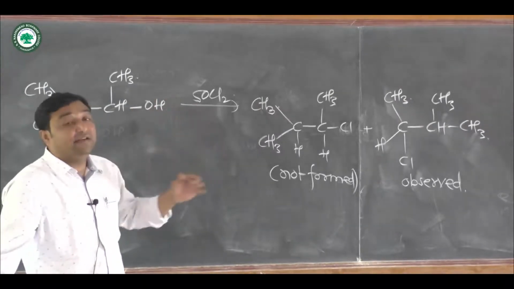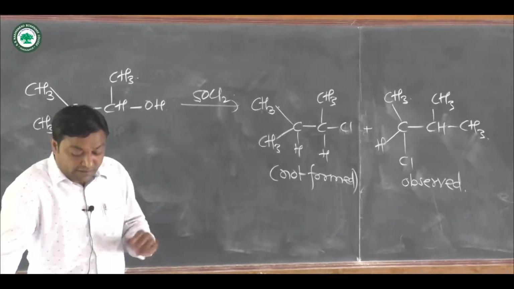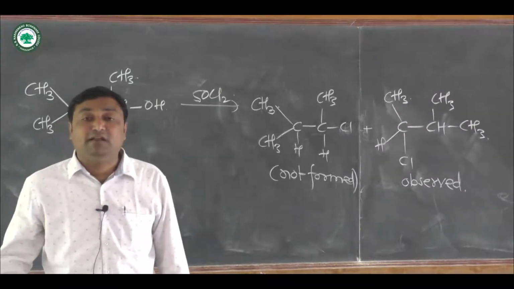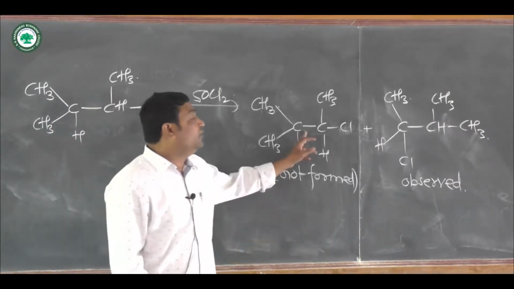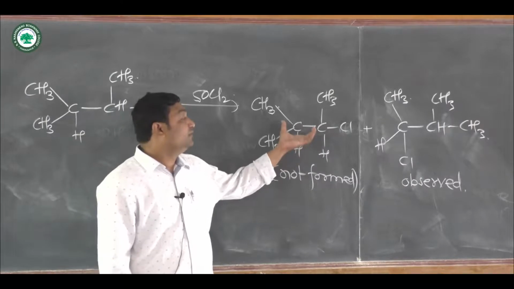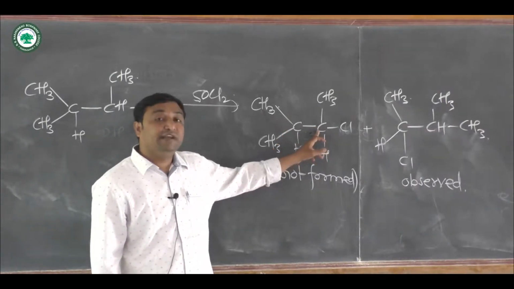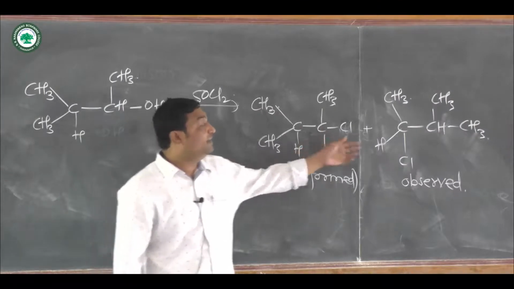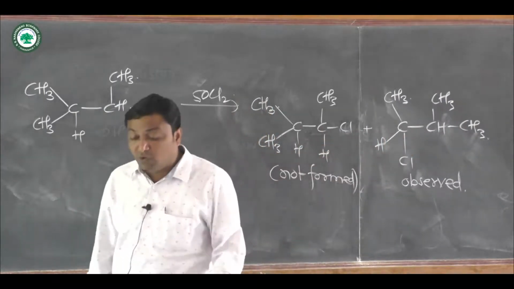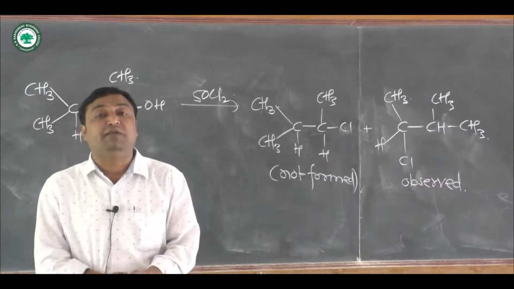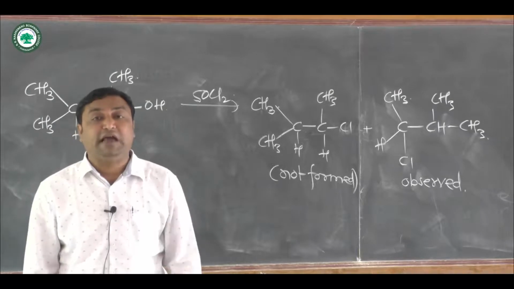In this mechanism, the intimate ion pair is formed, in which one molecule gives a secondary carbocation, whereas the other gives a tertiary carbocation, and we know that the stability of a tertiary carbocation is greater than that of a secondary carbocation.